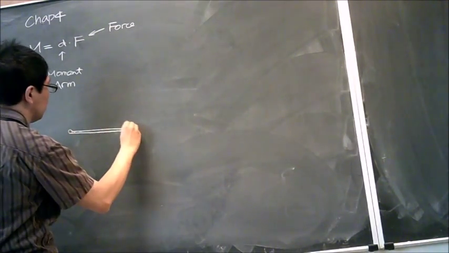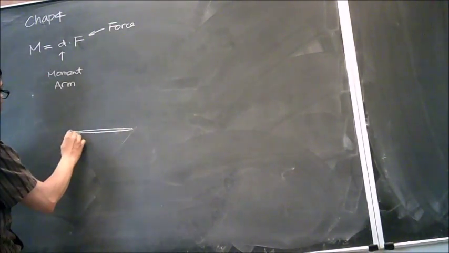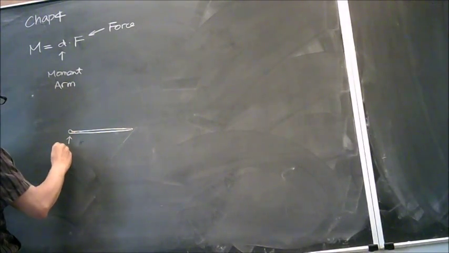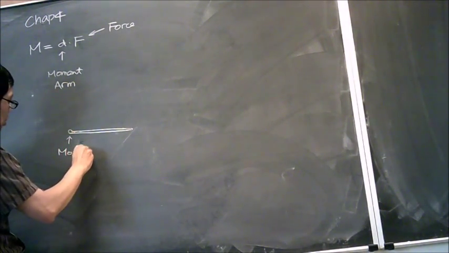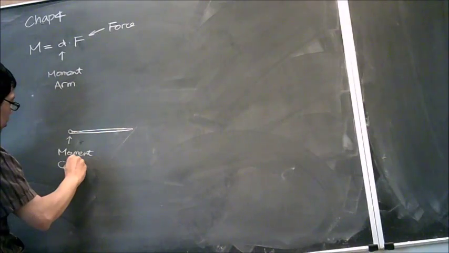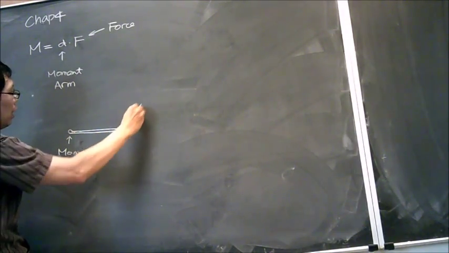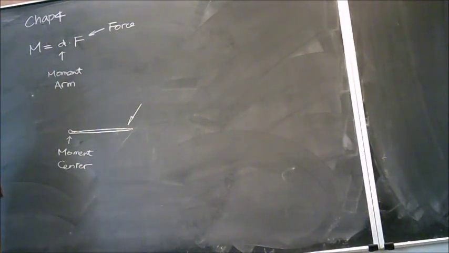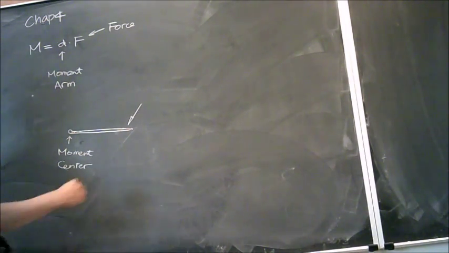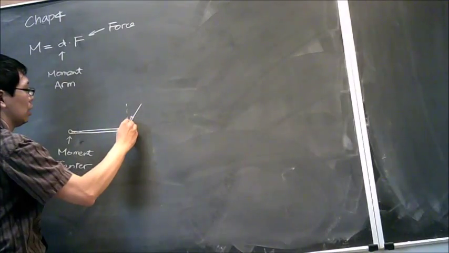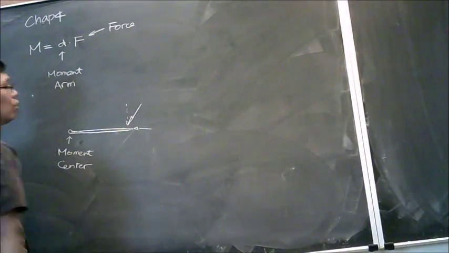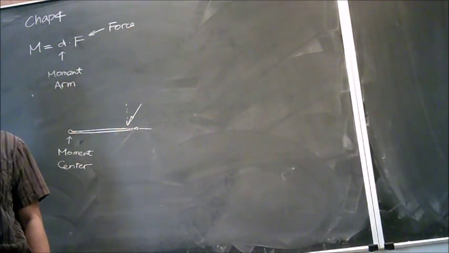let's say we have a cantilever beam, and this is my moment center. When I apply a force to it, we need to decouple this force into two forces. One is perpendicular to the moment arm. The other one is going to be parallel to the moment arm.